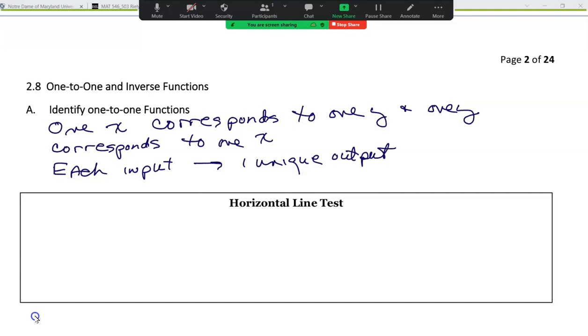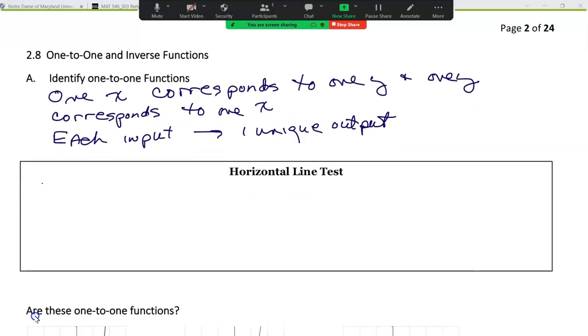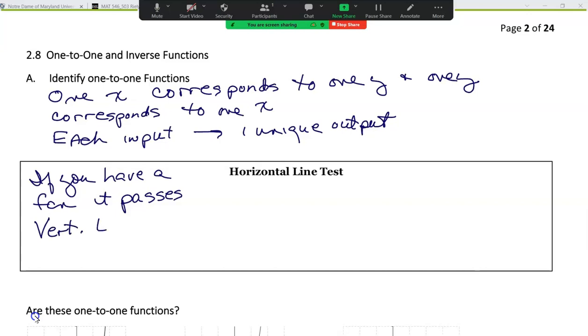Okay, so if you have a function, an FCN is function, it passes what test? The vertical line test. Okay, the VLT, okay?